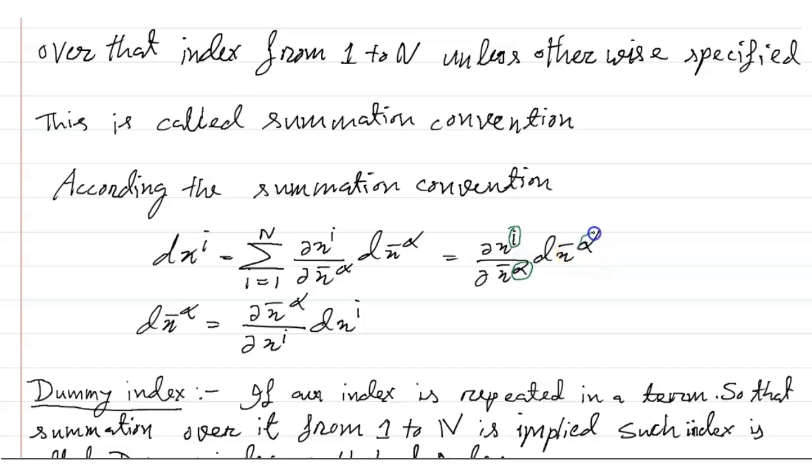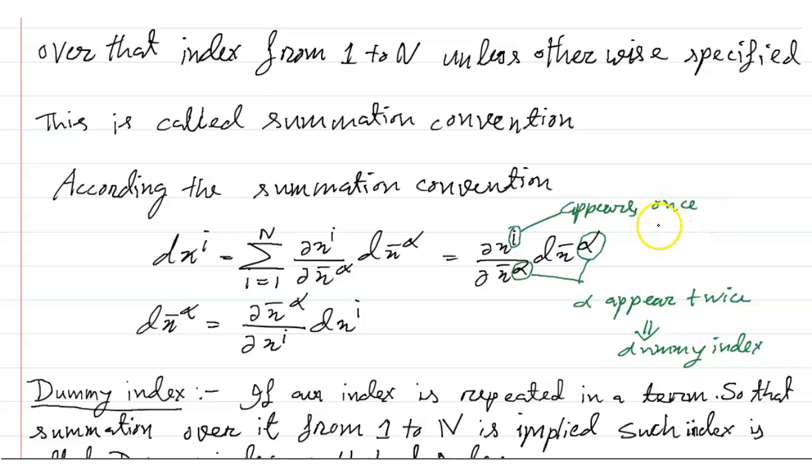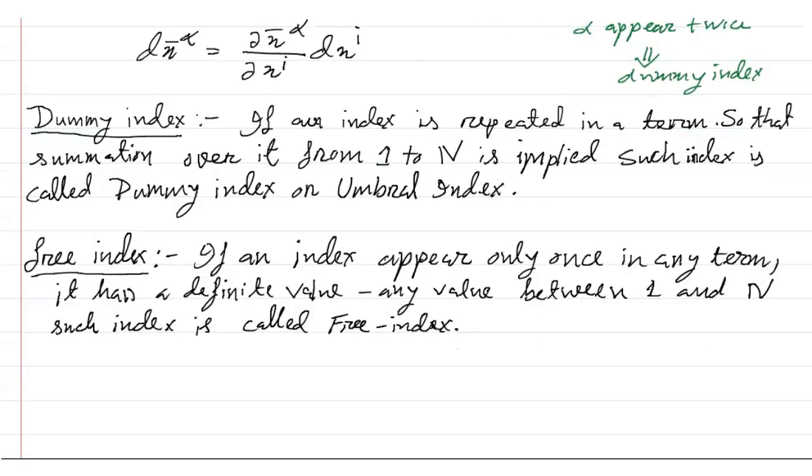You see that alpha appears twice, so it is a dummy index. And I appears once, so it is a free index. I hope I could clear this concept: what is a dummy index, what is a free index, and the summation convention.